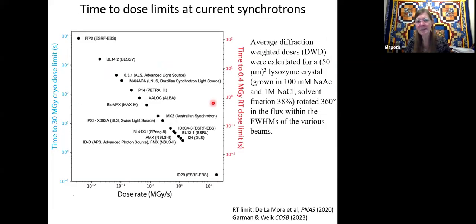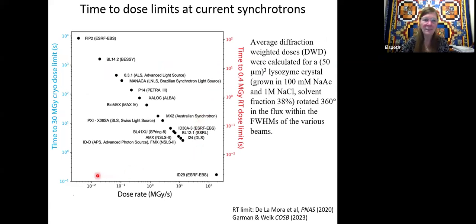This is a very alarming plot that we made last year from all the data from the new synchrotrons and the existing ones. Up here is the time you've got before you reach the cryo dose limit, which is 30 megagray, as I mentioned, and the time you've got at room temperature on this axis to reach the 0.4 megagray. And here's the dose rate that these beams deliver.